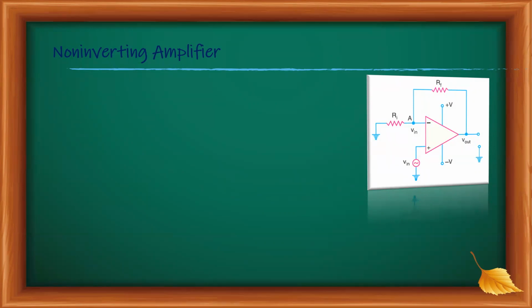In the inverting amplifier, we give the signal at the Ri and the non-inverting terminal is grounded. And here also a feedback is given, that is from V out to the negative terminal through the resistor Rf.